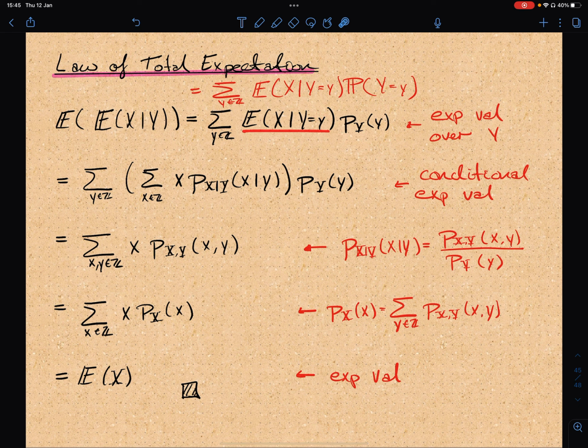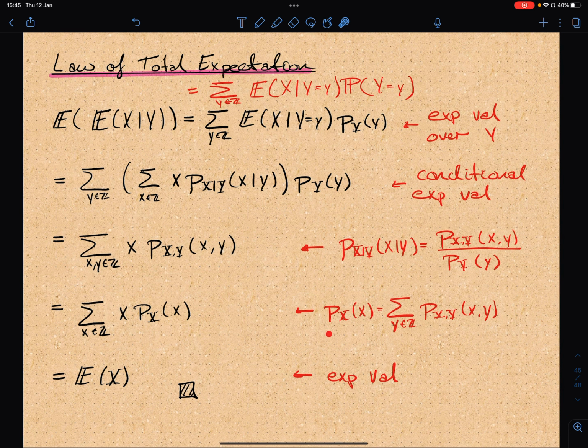And here, I use the definition of conditional expected value given in the previous slide. I then use this formula for the conditional distribution function given by this, and I note that this times this is equal to this, and I have this summation.